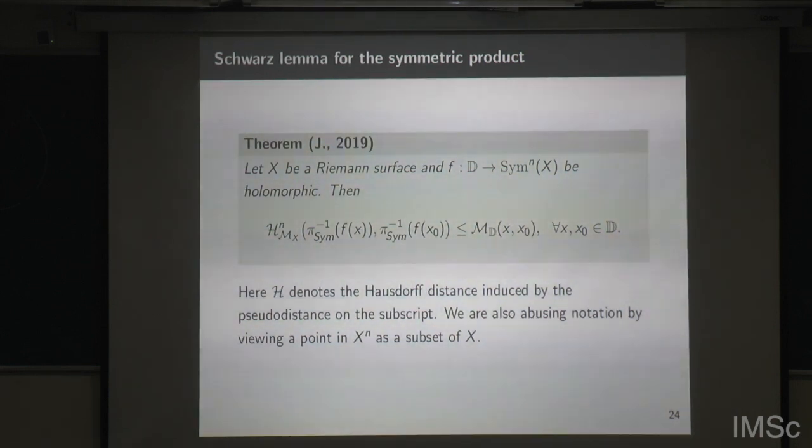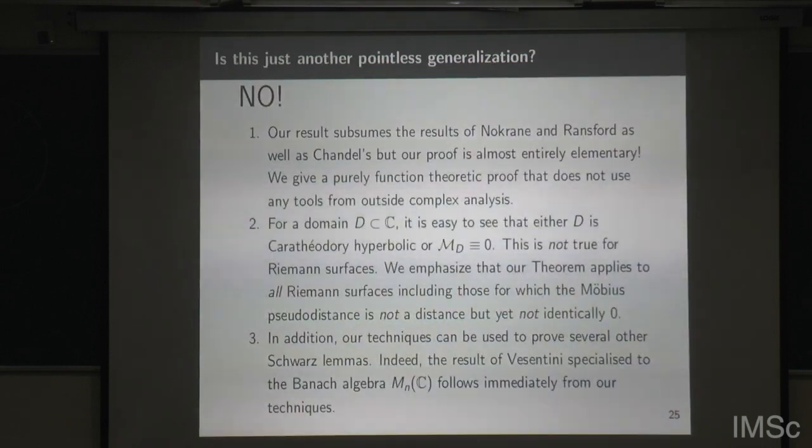So I am going to forget that it is lying in X^n and just view it as a subset of X. So I look at π_sym inverse F(x) and π_sym inverse F(x0) as subsets of X and take the Hausdorff distance to the power n with respect to the Möbius pseudo distance. This will be less than or equal to the Möbius pseudo distance of x and x0. So this is the Schwarz lemma I have for the symmetric product of a Riemann surface.